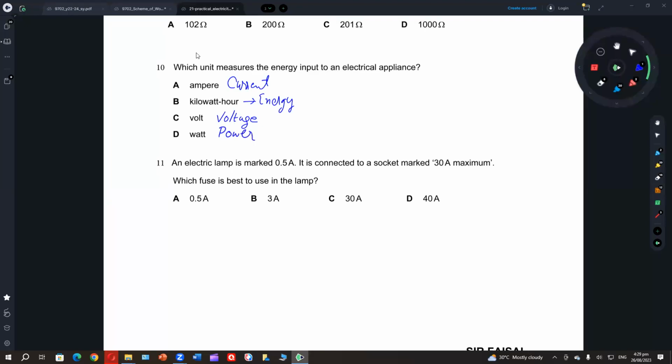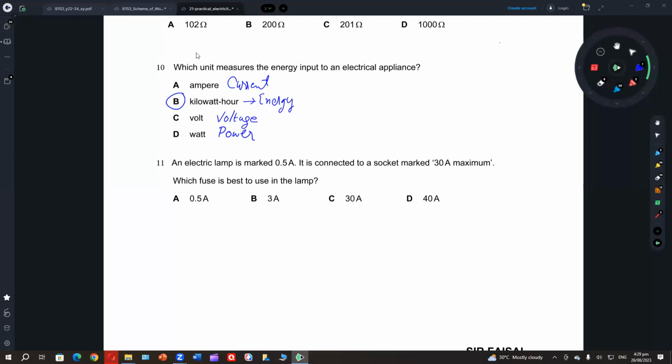Now, I have written full working for you, and now you have to tell me the answer. Look the word energy. I have written everything for you. Kilowatt hour. Yes, I have written it, and then you have to give the right answer at least.